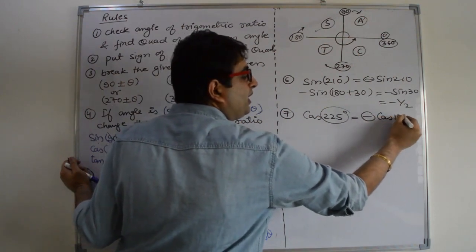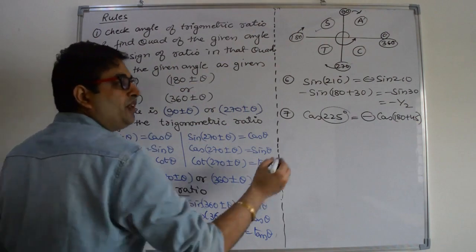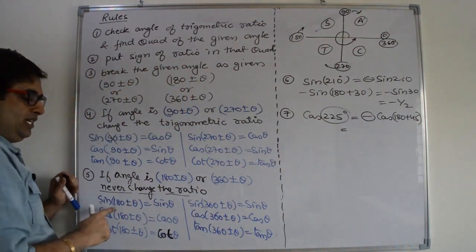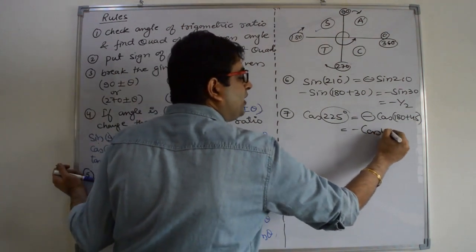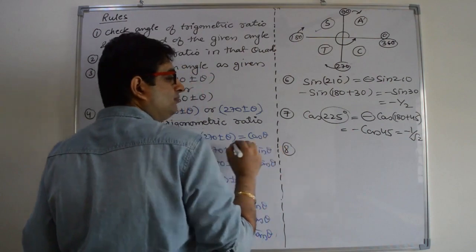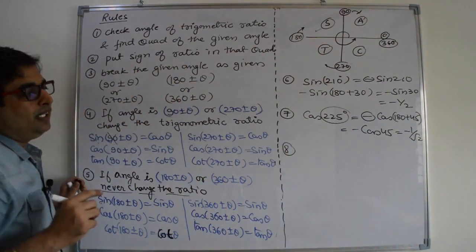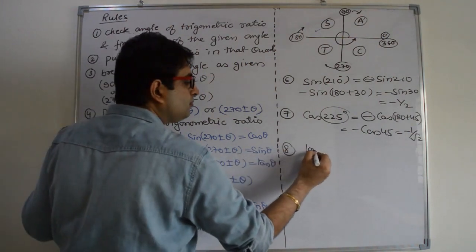We can write 180 plus 45. So 180 plus 45, whenever we have 180, quantity will remain same. So it becomes minus cos 45, that is minus 1 by root 2. Any doubt? Let us take one more example.